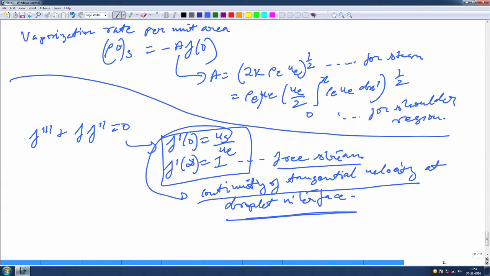In most of the Blasius solutions you will find that this will be equal to 0 because there will be a no slip, right, but here that no slip is not valid. It is no slip, but it is not equal to 0, okay, because there has to be a continuity of that tangential velocity across the droplet interface, and that is very important.